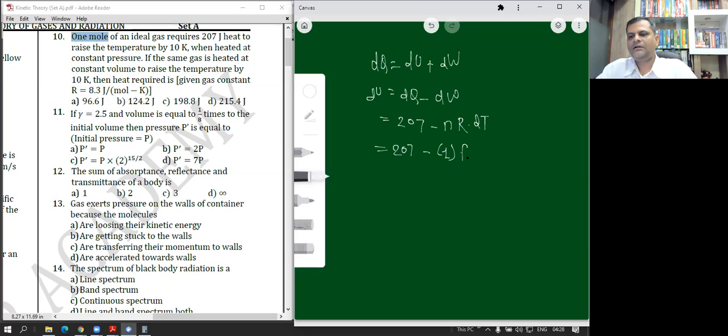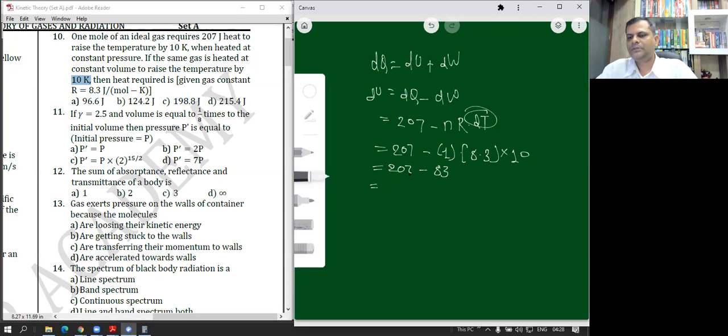And R, the universal gas constant, is already given as 8.3 joule per mole Kelvin, standard unit, no need to convert anything. That is multiplied by the change in temperature, which is given to be 10 Kelvin. Just simplify this further to get 207 minus 83.